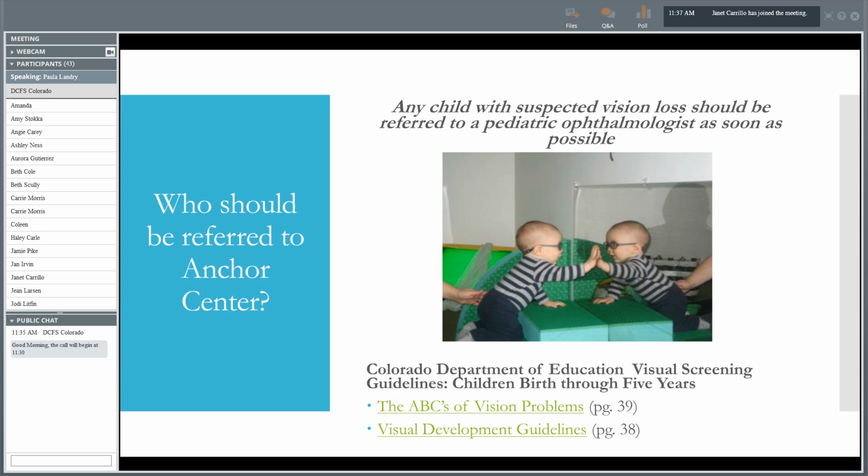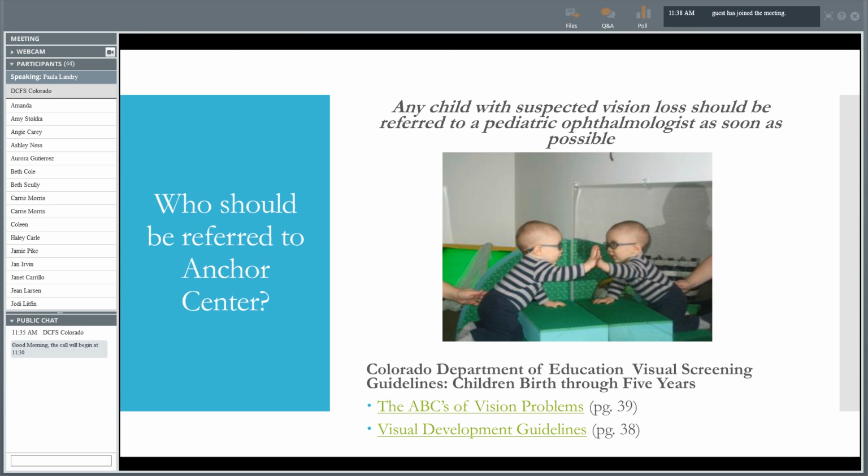As far as behavior, it would be reduced eye contact, turning away from you and not facing you, or not reaching out and grabbing for toys, a bottle, faces, or anything presented to them. Another is tilting the head to one side or the other when looking. I know sometimes it's hard to tease that out with kids who have motor delays or CP.